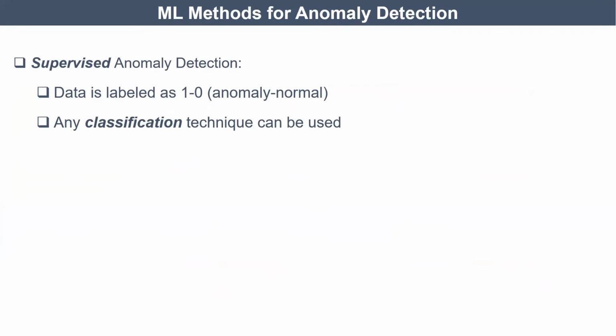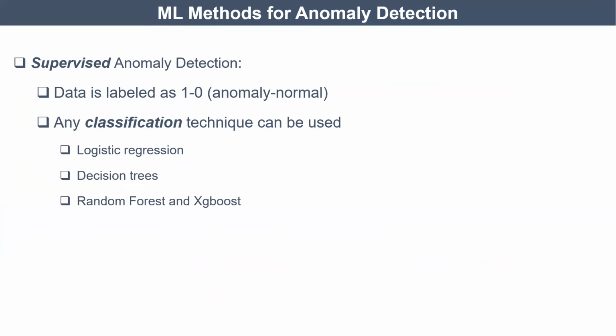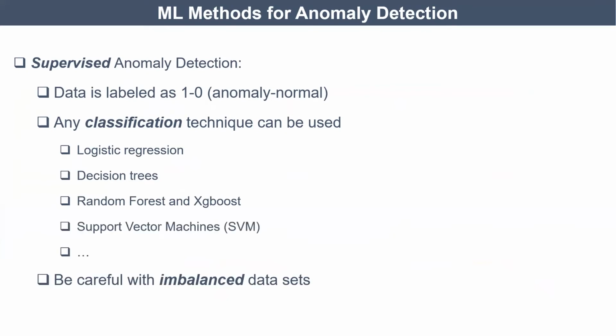Thanks. So if we are lucky and our data is labeled, which is almost impossible in time series data, but maybe in some tabular data, then we could use any classification technique like logistic regression, decision trees, random forest, XGBoost, SVMs.